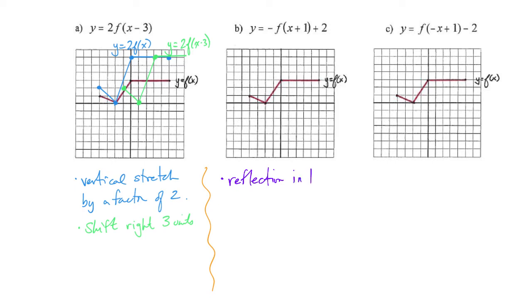So we have a reflection in the x-axis. Then we notice the next two things happen to be attached by adding, so that means we've got a shift. So I can make that statement at the same time. I'm going to shift left 1 unit and up 2 units. And there we go.